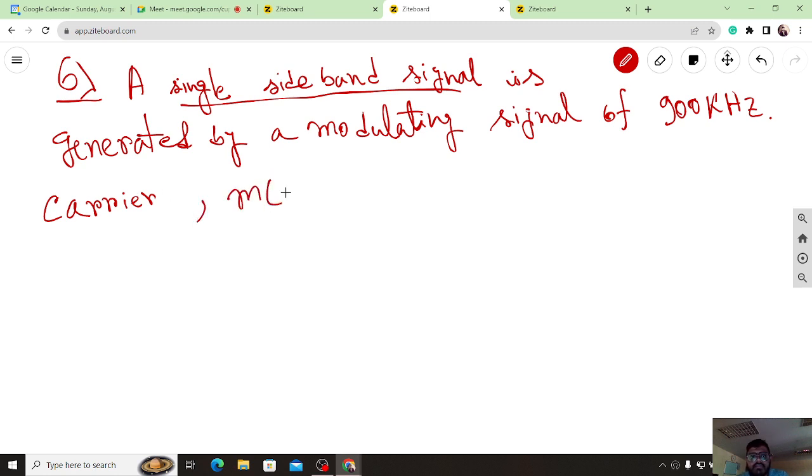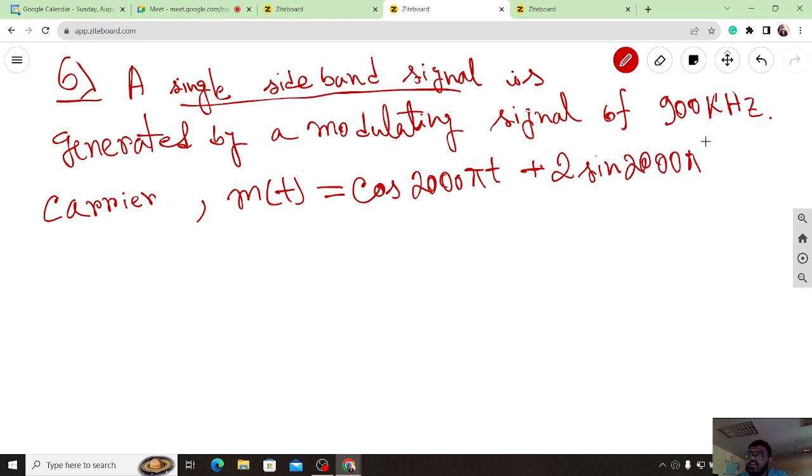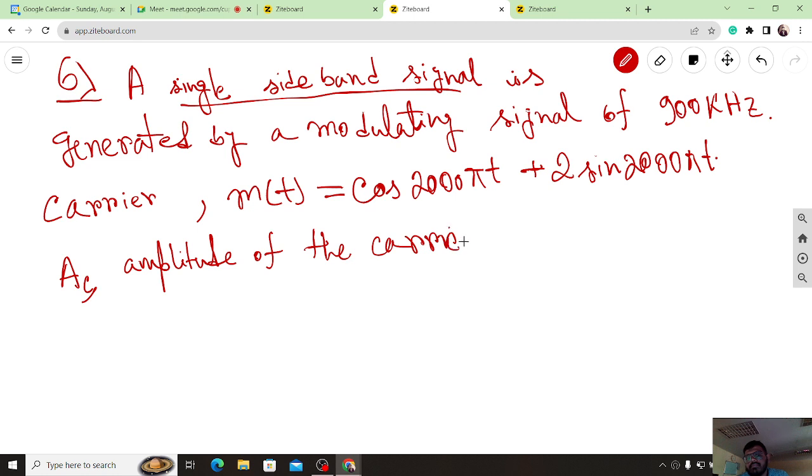And what is m(t) here? Cos of 2000 pi t plus 2 sin 2000 pi t. And A_C is the amplitude of the carrier frequency, right?